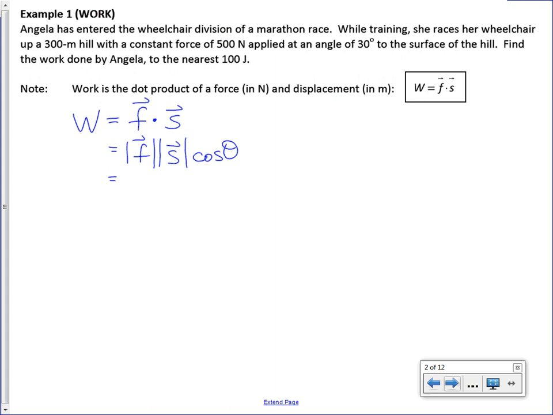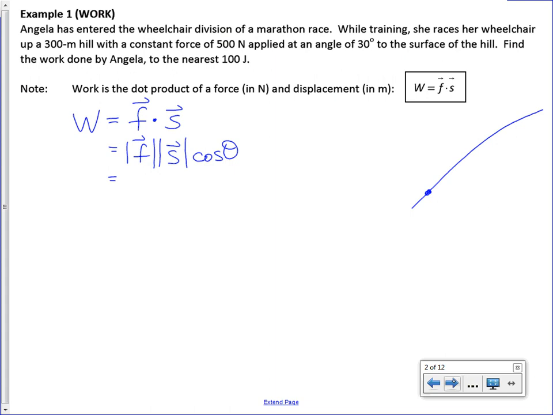Picture this in picture form. You're going up a 300-meter hill. So they're making life kind of weird. They're saying it's a hill, so I guess I'll make a hill. So here's a hill. Two things are happening with Angela.